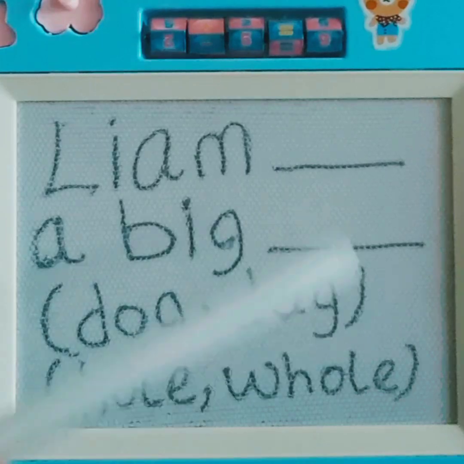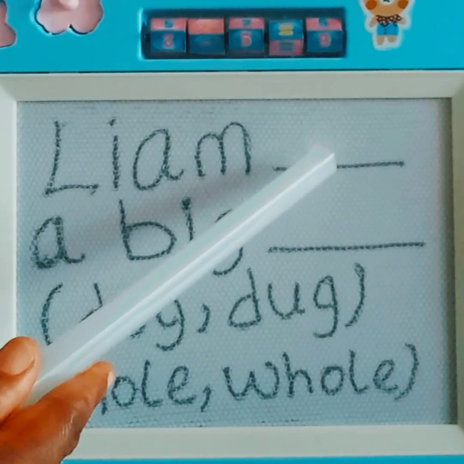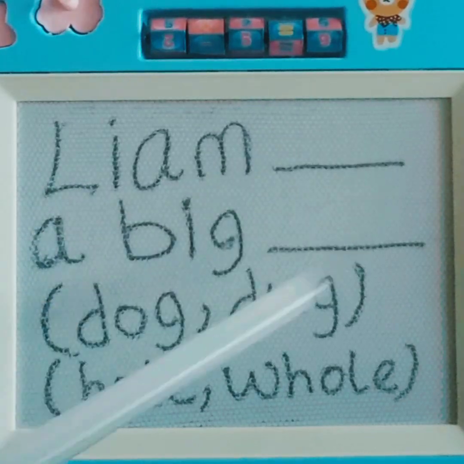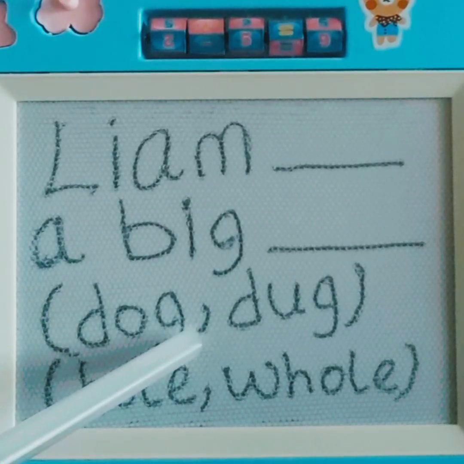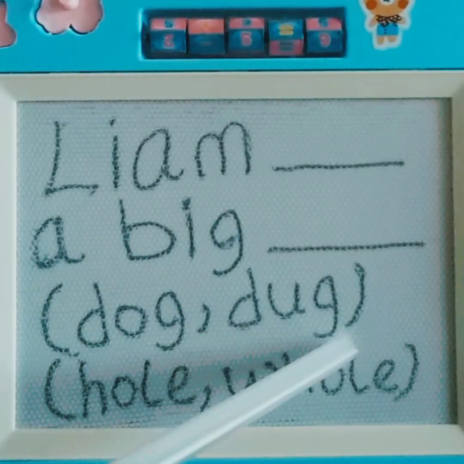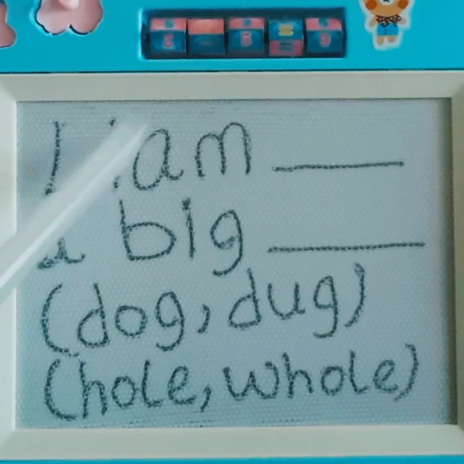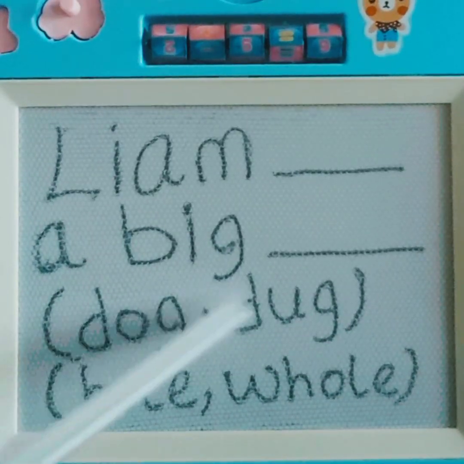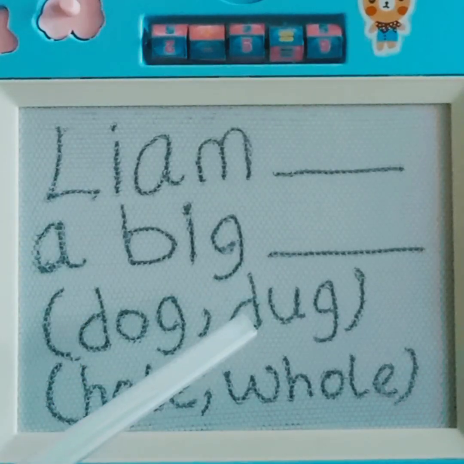In this classwork, we have two spaces to fill. So the first here is dog, D-O-G, and dug, D-U-G. Liam dug a hole. Which of these should be here?